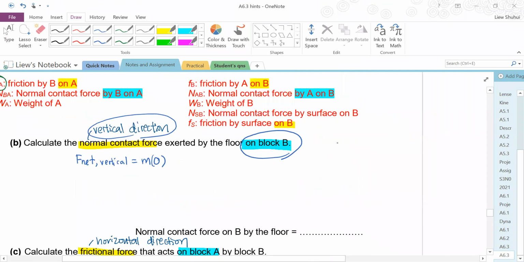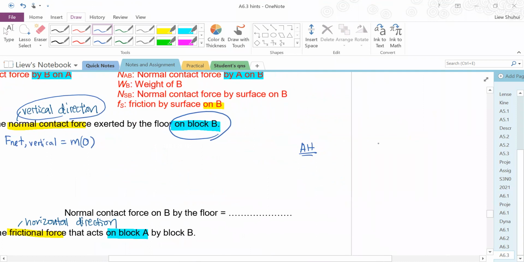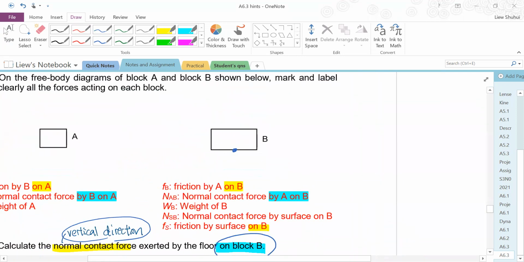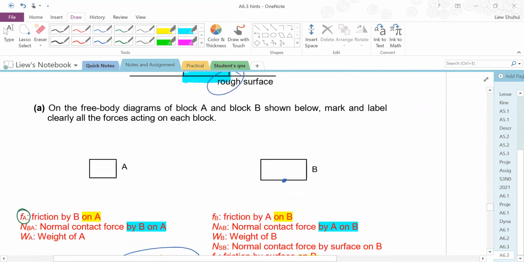Alternatively, you can also consider block A and block B as one single system together. If you consider them together, the two of them will have a total mass of 5 plus 10 kg.